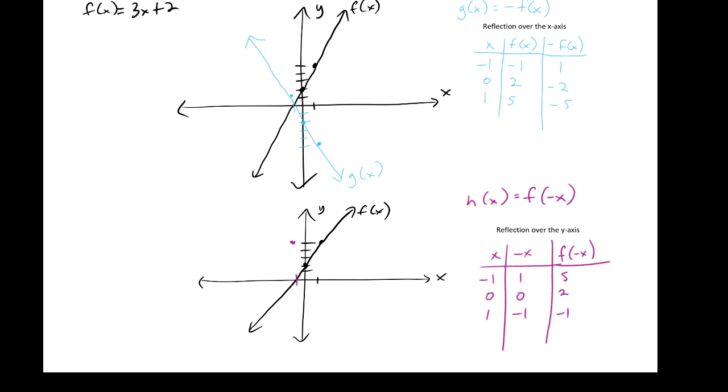And then I have -1, 1, and then I have a -1. Here's what my line looks like. And this, of course, is my h of x.